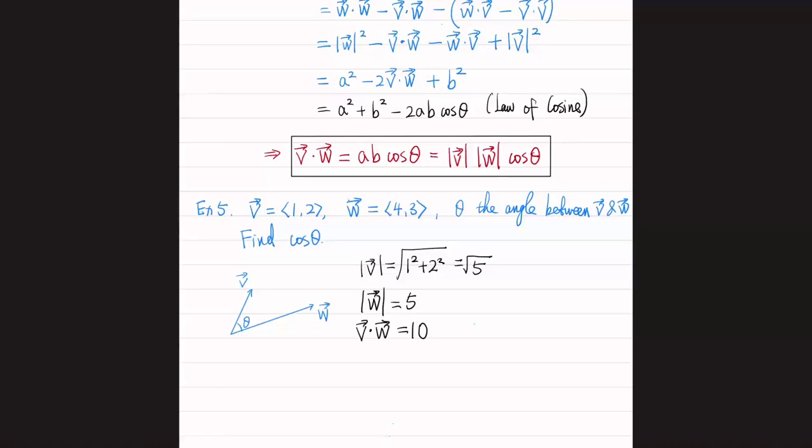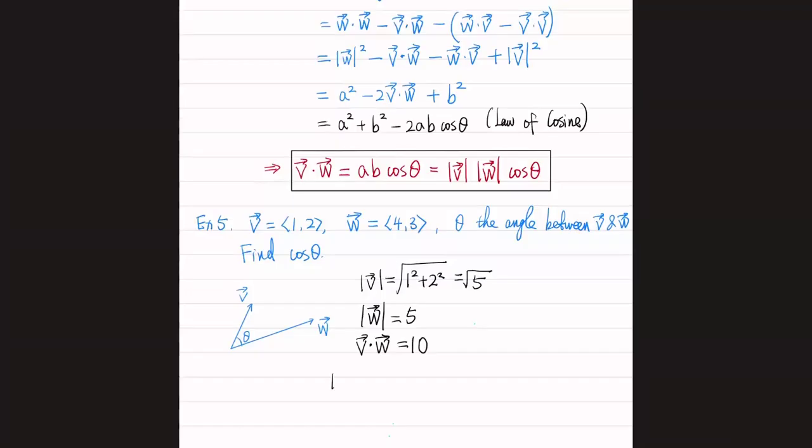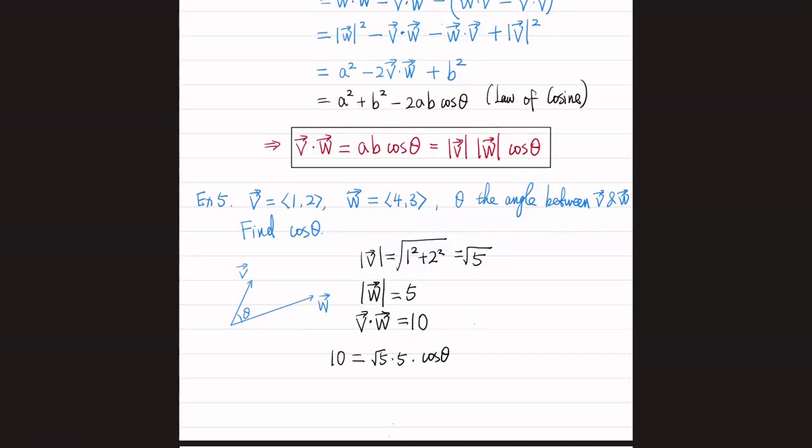So 10 equals 5 times root 5 times cosine theta.